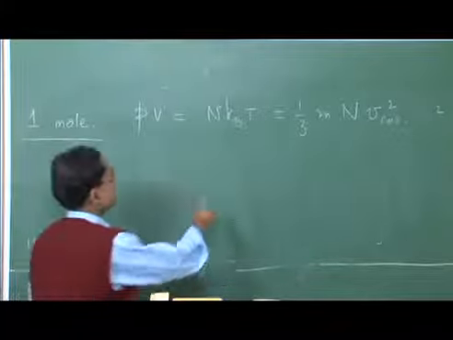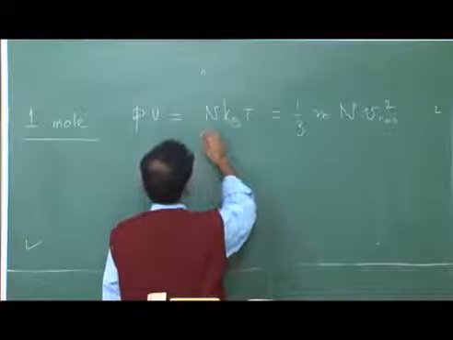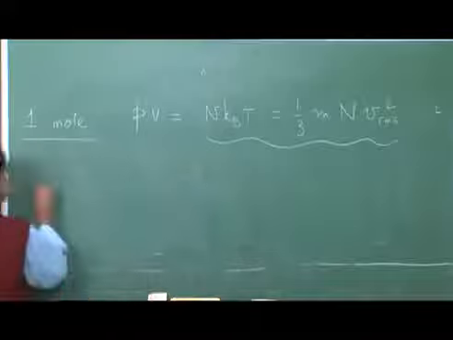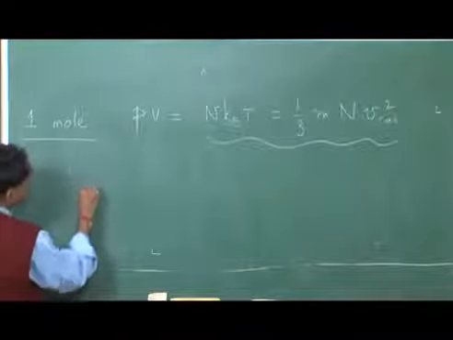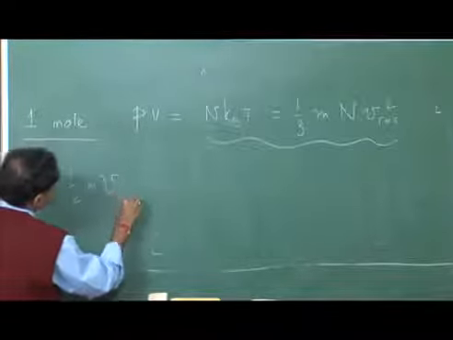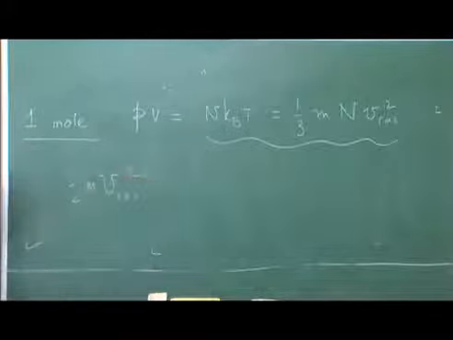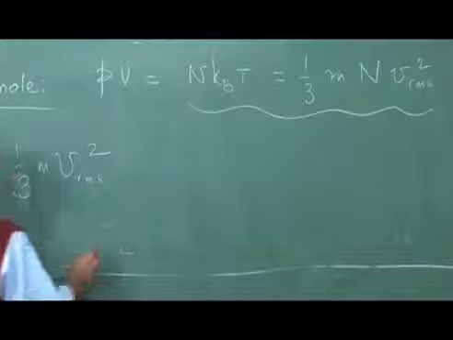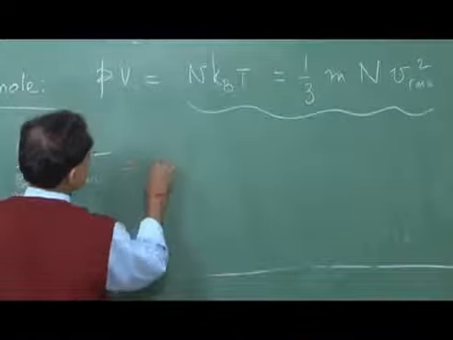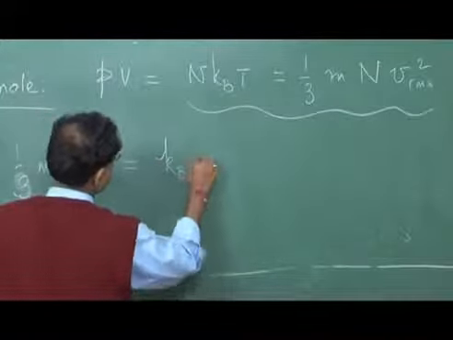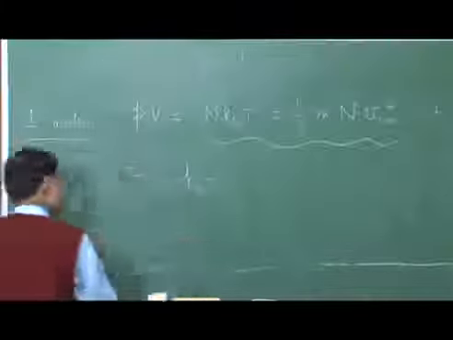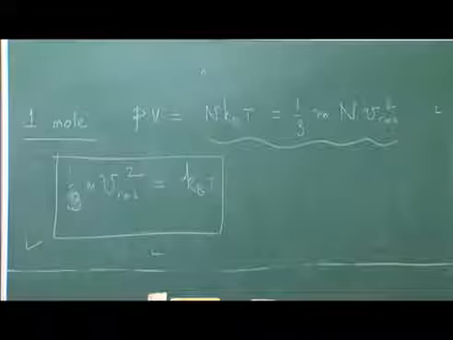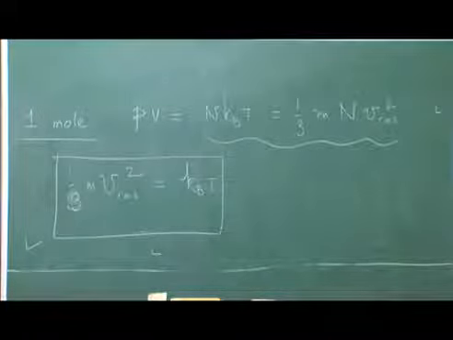So, what happens here? Simply you can see temperature is related to this. I can simply write out that 1/2 m Vrms square is equal to 3/2 kBT. So, if you define the absolute scale of temperature, this is how you get to your form of temperature.